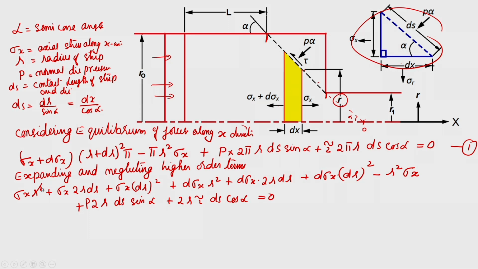So, some terms will go, and sigma x dr square also will go, because these are the higher order terms.